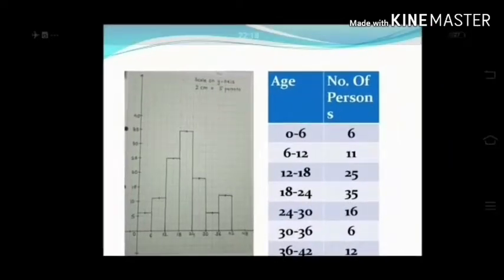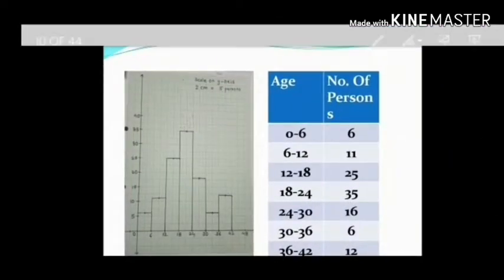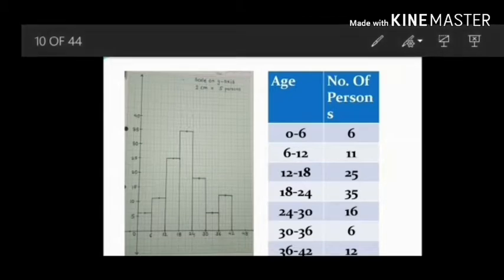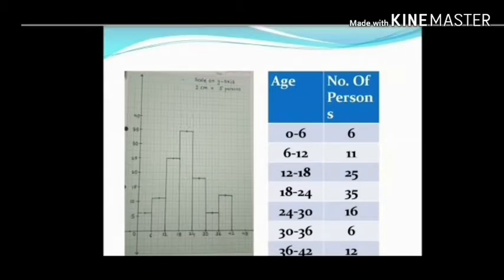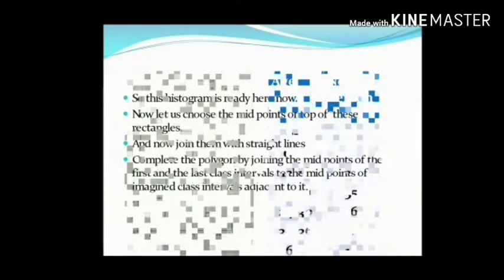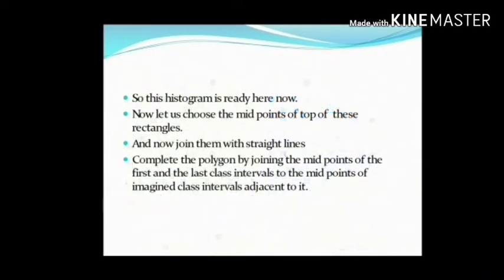Then we will complete the frequency polygon by joining the midpoint of the first interval rectangle to the midpoint of the previous interval with 0 frequency, and the midpoint of the last interval to the midpoint of the very next interval with frequency 0.